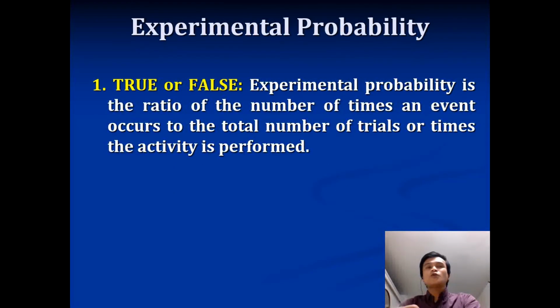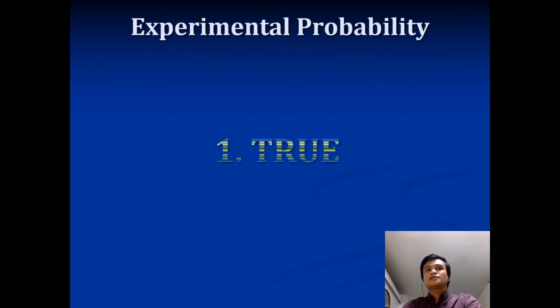Okay, let's have number 1. Question: true or false? Experimental probability is the ratio of the number of times an event occurs to the total number of trials or times the activity is performed. Here's the answer. The answer is true. Okay, check your answer if you get the correct one. Next one.